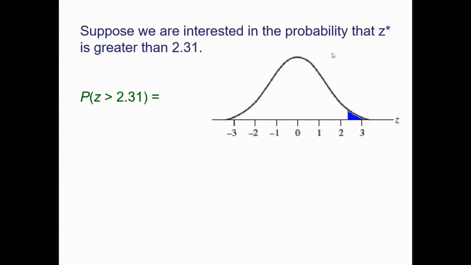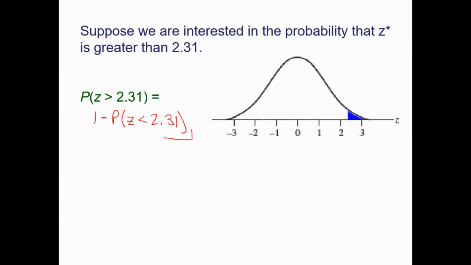That's great and all, but what values does the table give us? Less than. How can I use the table? So I'm interested in greater than, but the table only gives me less than. So I'm going to do 1 minus the probability that z is less than 2.31.